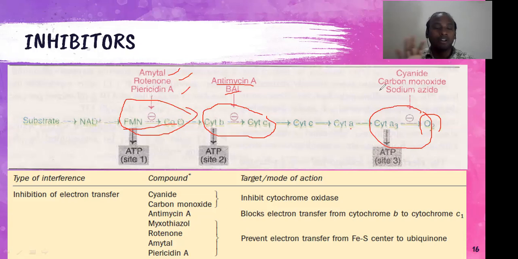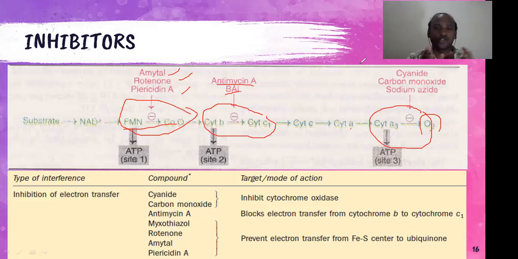Antimycin A and BAL work on complex 3. Amytal, rotenone, and piericidin A work on complex 1. Students, you should remember exactly where the inhibition is happening in between the transfer molecules. You should remember this from the entrance exam point of view.